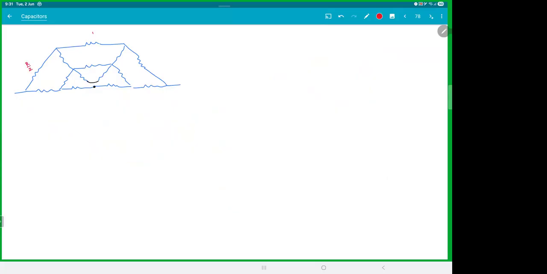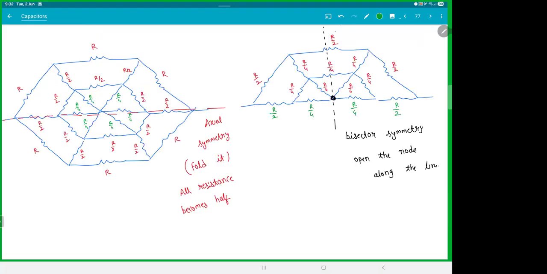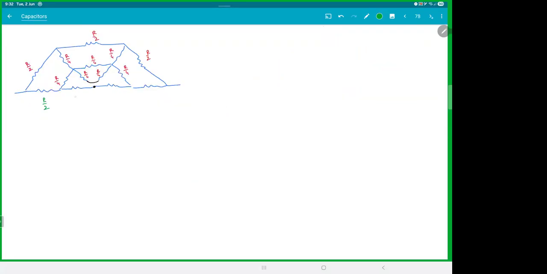R by 2, R by 2, R by 2, R by 4, R by 4, R by 4, R by 4, R by 4, R by 4, R by 4. And these guys were R by 2, R by 4, R by 4, and R by 2.